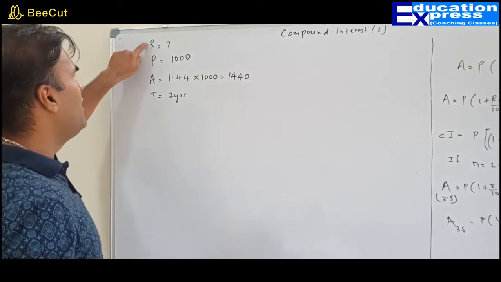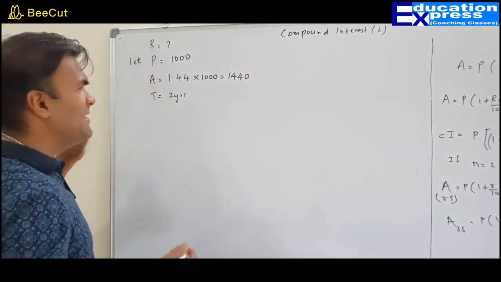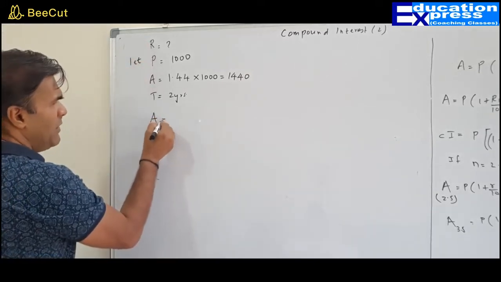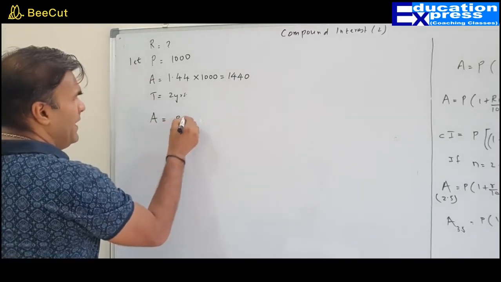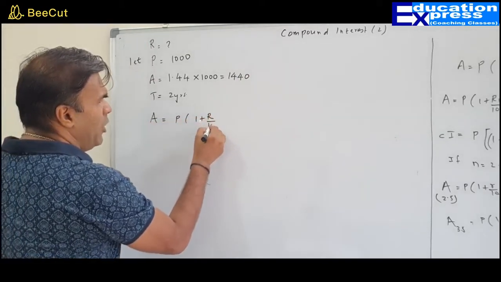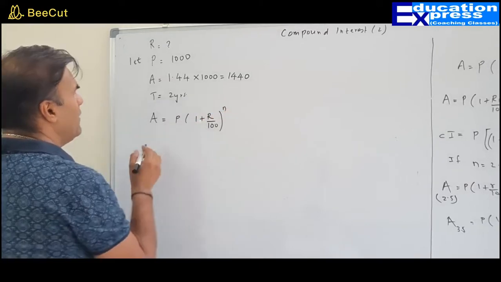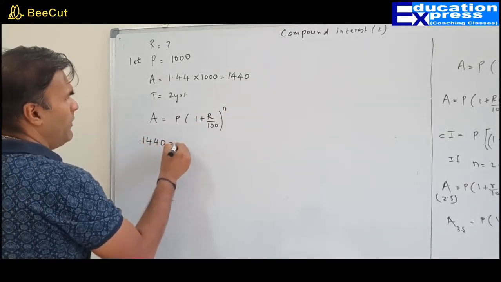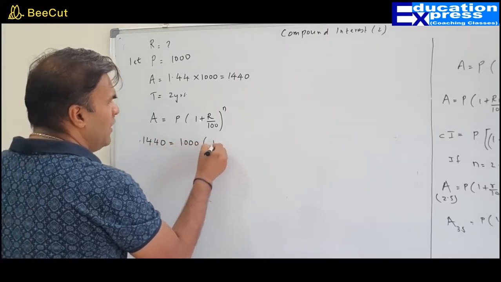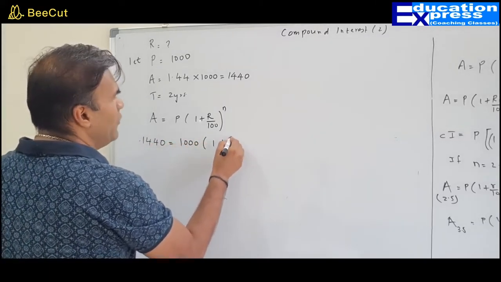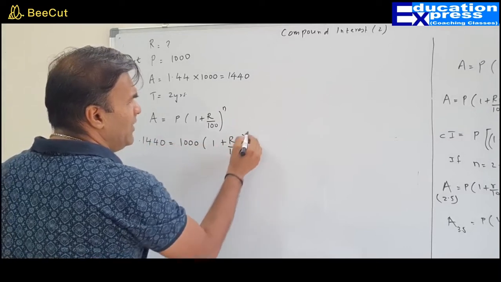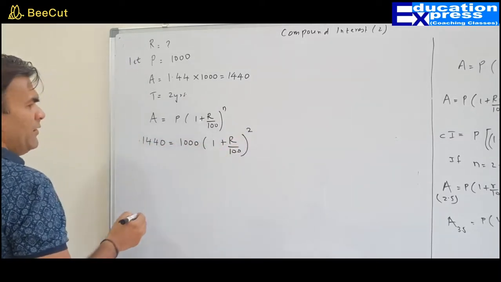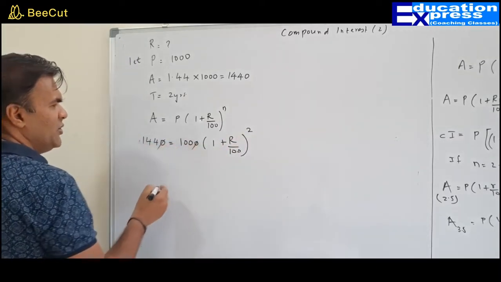Question becomes so simple. We have to find rate; principal, amount and time are given to us. Apply the formula. The first formula, P 1 plus R upon 100 raised to n. How much is amount? 1440. What about principal? 1000. 1 plus R, not available, upon 100 raised to 2. My dear friends, you can simply cancel 0, 0.